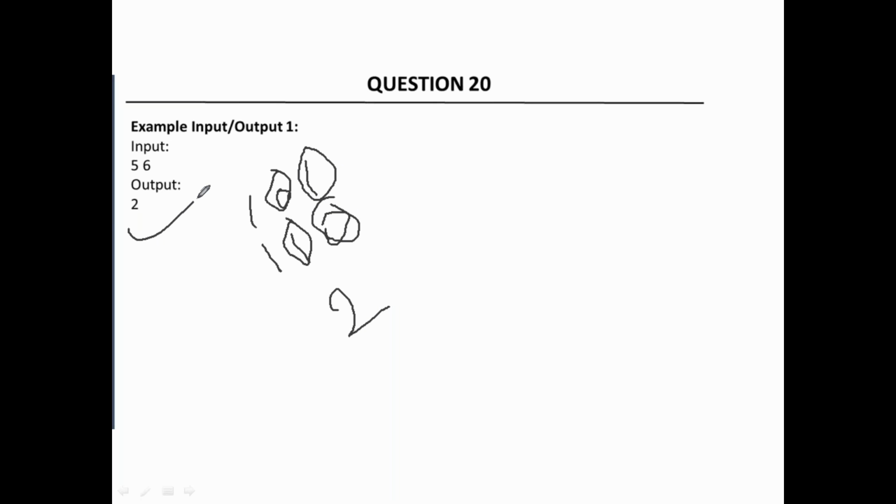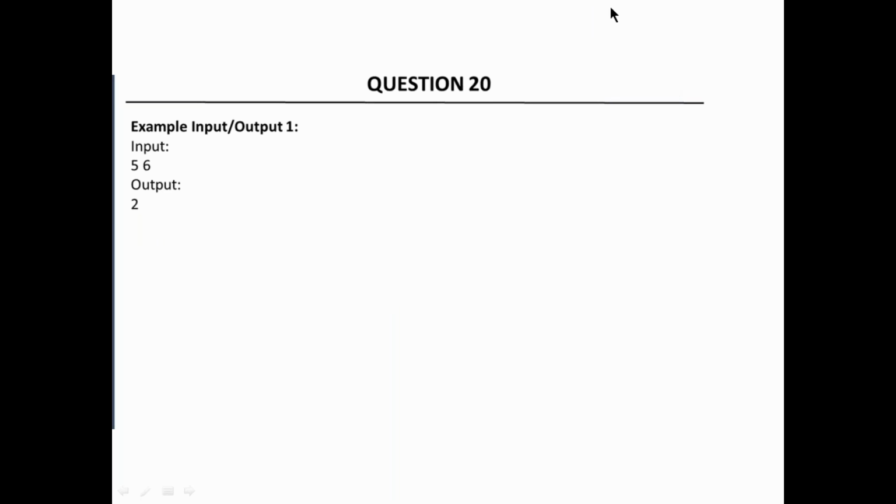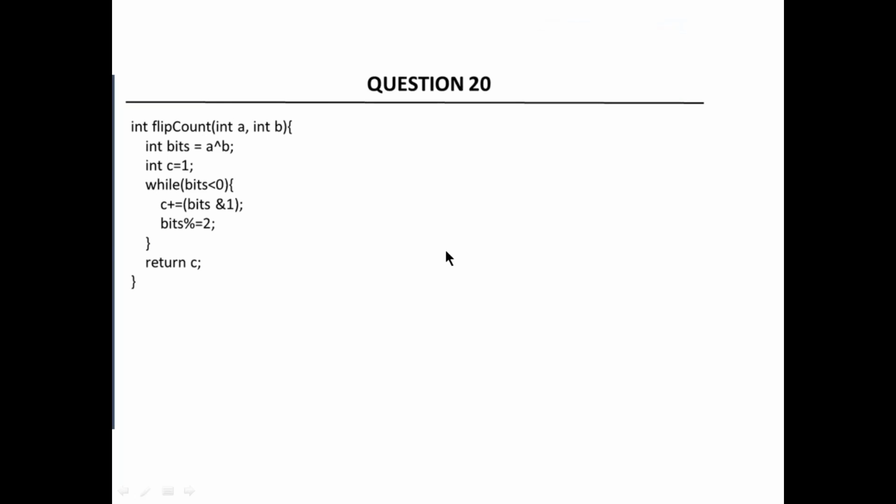The same thing you are observing here. Observe the code for this one. Let us take 5 exclusive or 6, whether it is working correctly or not. What is the result of this?